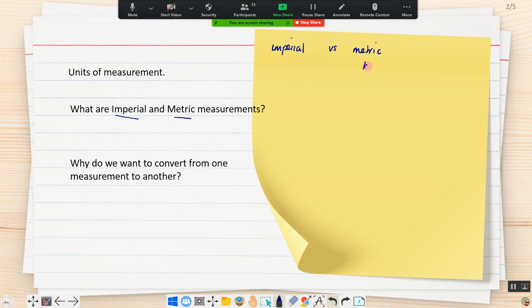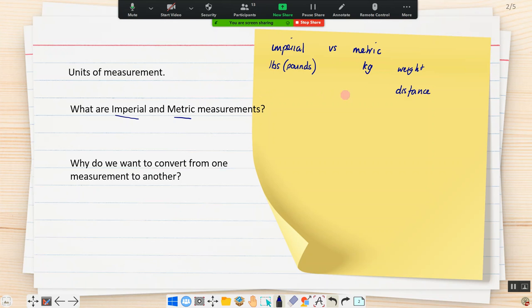Well, actually, kilograms is metric. An imperial example would be pounds. So that would be for, should we say weight? Probably should be mass according to our science teachers. But what about if we had a distance? So does anyone remember what a metric or imperial distance would be?